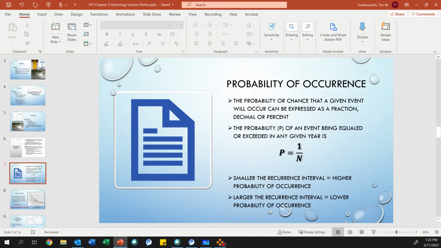So if I take 1 divided by a 5-year storm, 1 divided by 5, there is a 20% probability of that event being equaled or exceeded in any given year. So there's a 20% chance I am going to see a 5-year storm. Now, larger intervals usually have a lower probability. So a 100-year storm has a 1% chance that you could see or exceed that storm.